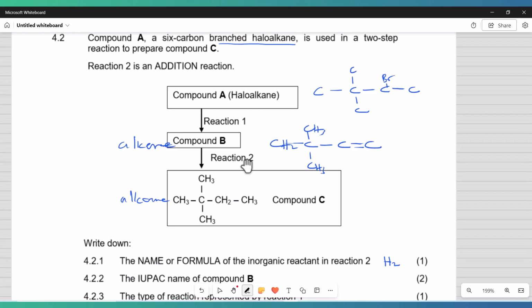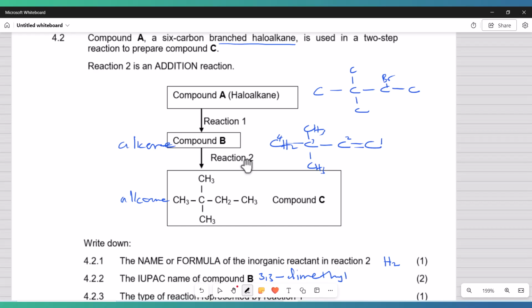So I'm going to number carbon 1, carbon 2, carbon 3, and carbon 4. On carbon 3 there are 2 methyls, so the name will be 3,3-dimethyl.